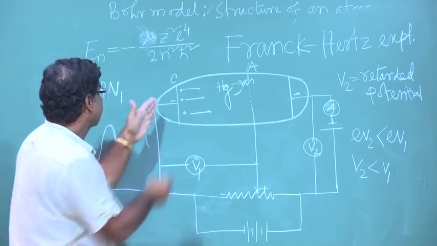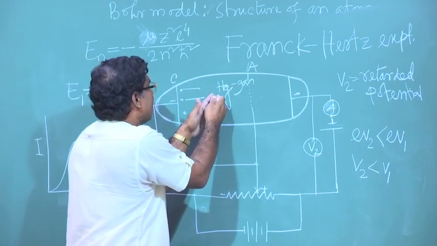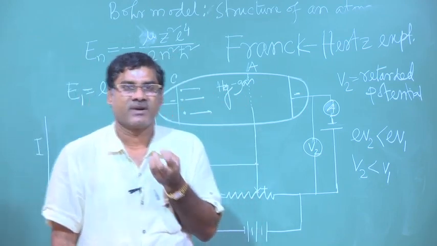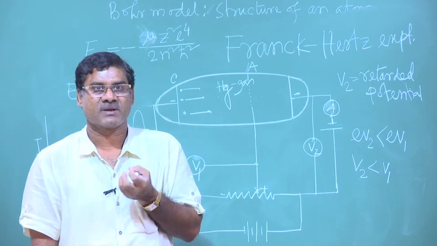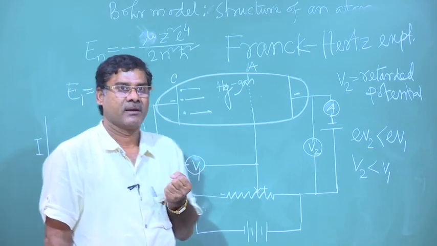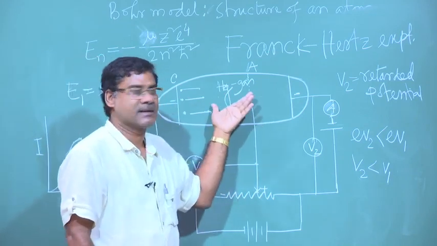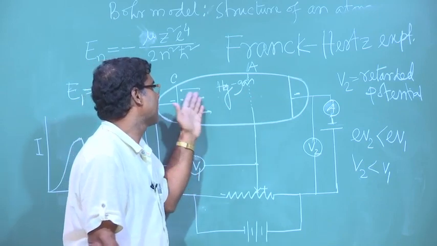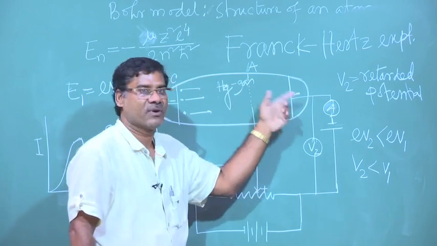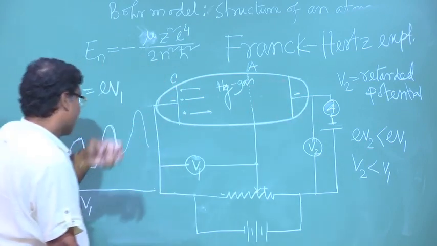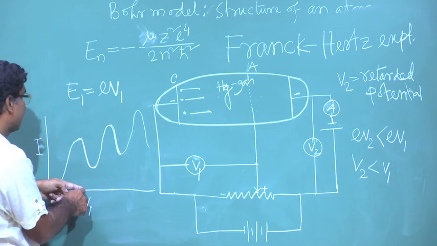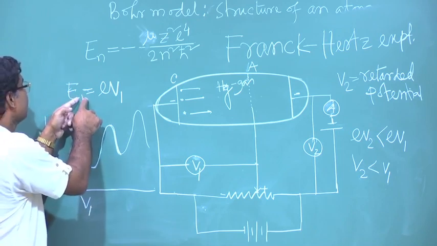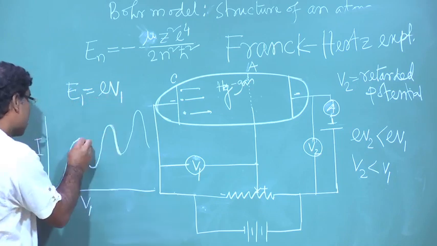Electrons move and collide with mercury atoms, but since mercury atoms are very heavy, there was an elastic collision, and without losing energy they can move and reach the plate.